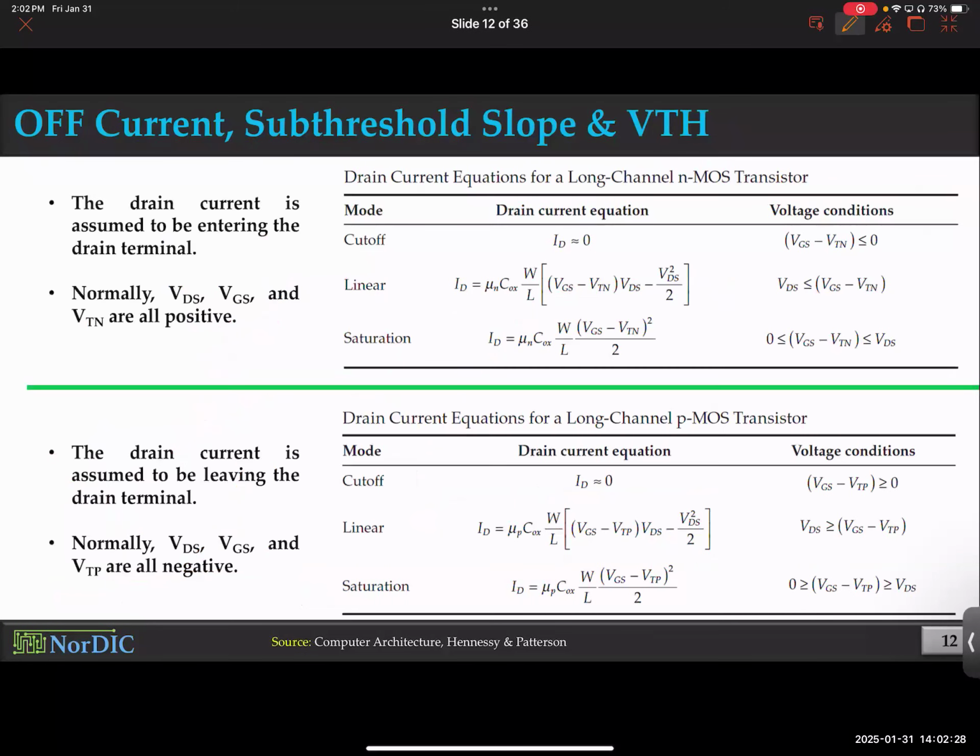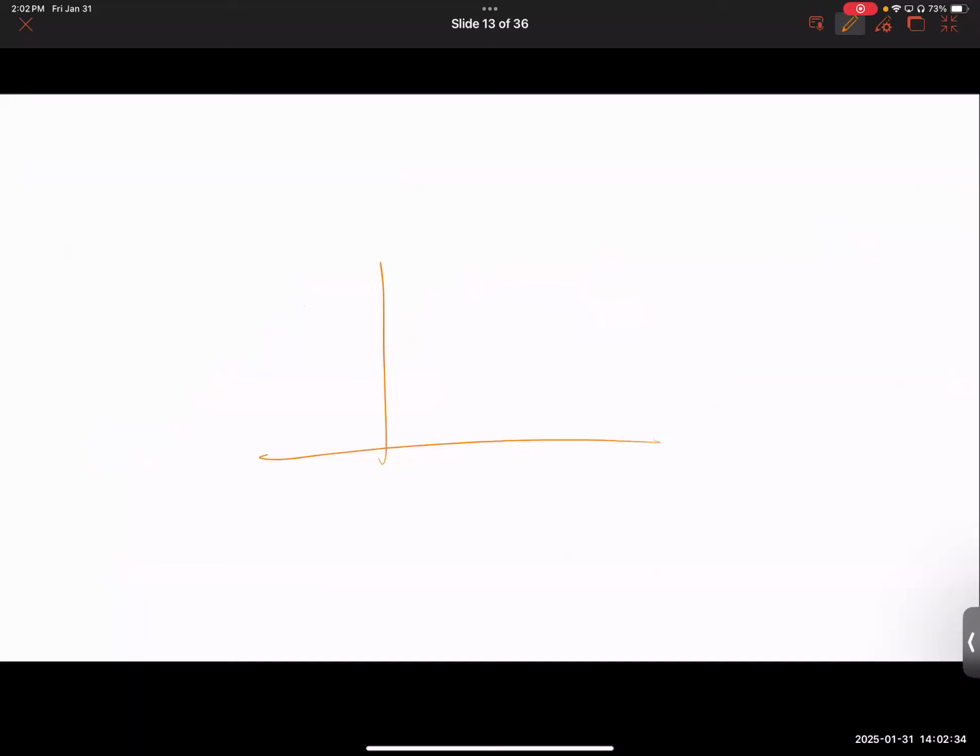All right, so let's first get to this table and tell you what this represents. So remember your ID-VDS characteristics. And I told you that initially there will be a linear mode. And then when you apply high enough VDS, it will saturate. So you are looking at two modes of operation for transistor, linear mode and saturation mode. If I try to represent ID in an analytical fashion with some equation, this is how it looks like.